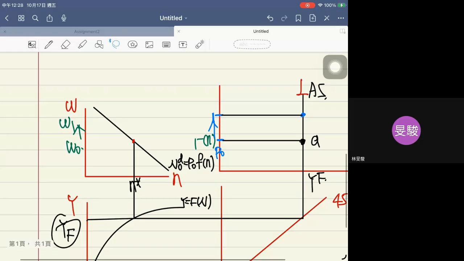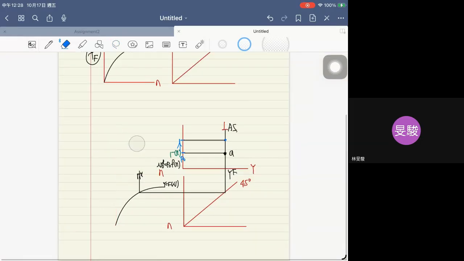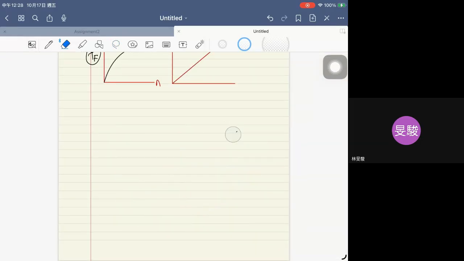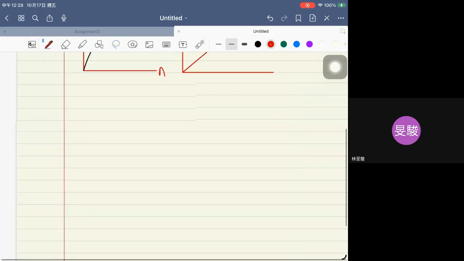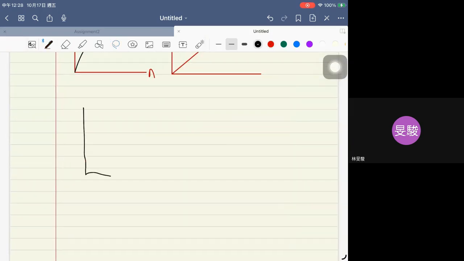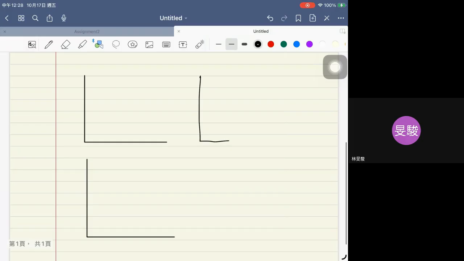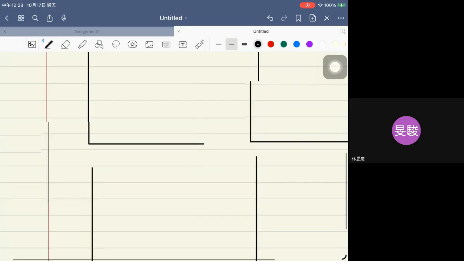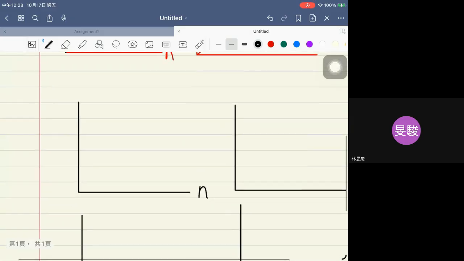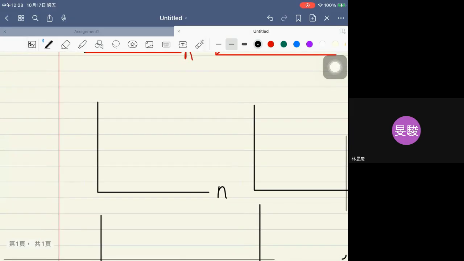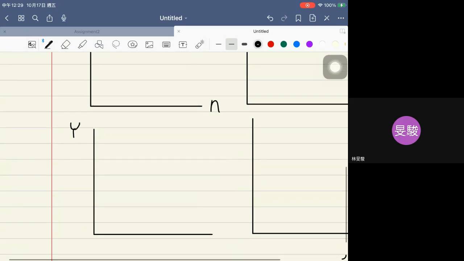Let me restart. This is labor, this is the nominal wage, and this is real output.